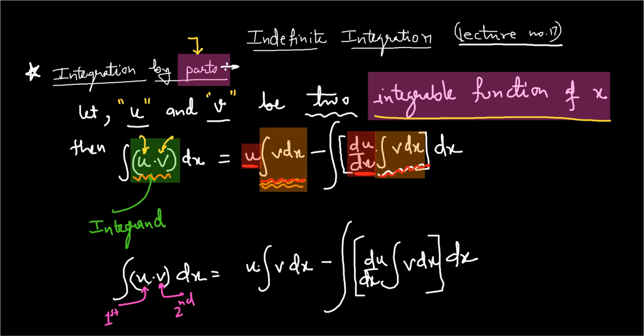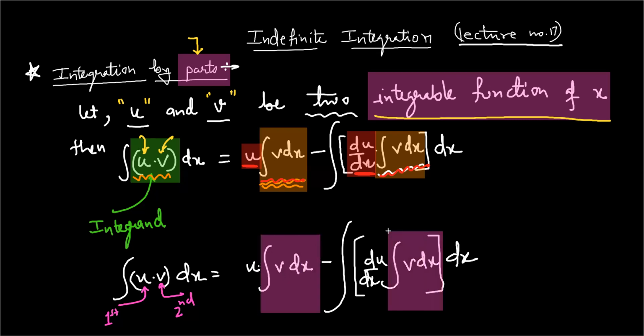Or you can call this the prefactor: u is the prefactor, v is the post factor. Now, when I'm writing integral uv dx and applying integration by parts, it is only this post factor which is being integrated. The prefactor is nowhere integrated.